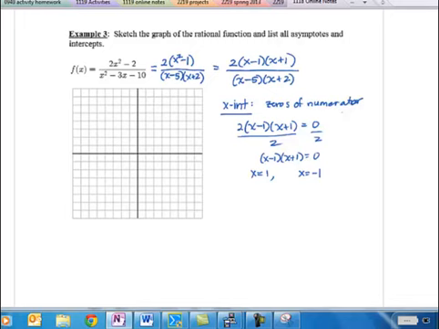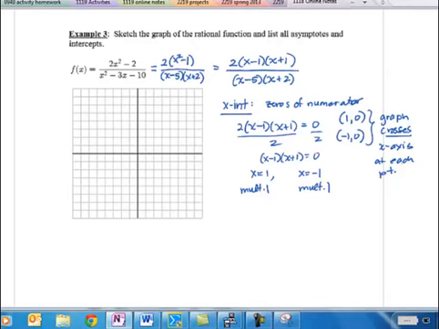So the x-intercepts listed as points are 1, 0 and negative 1, 0. And both of these are multiplicity 1 because the exponent is 1 for each factor. So the graph crosses the x-axis at each point, because they're each multiplicity 1, which is an odd multiplicity.